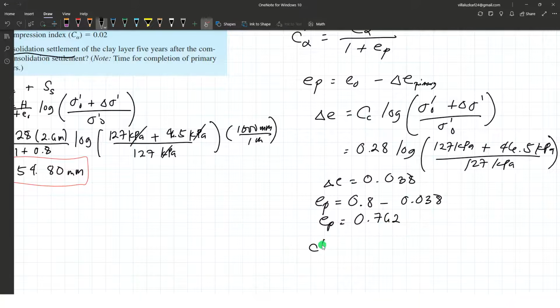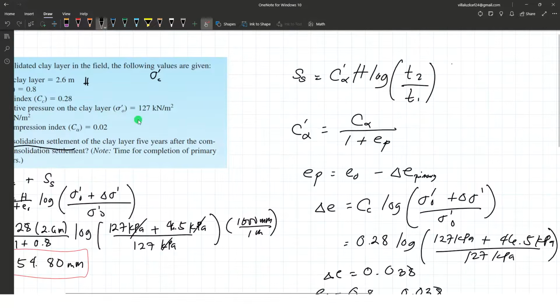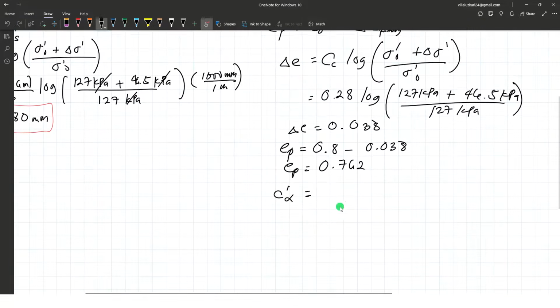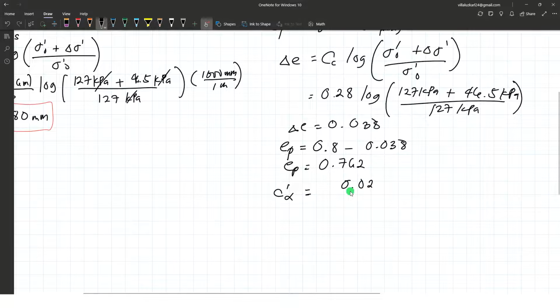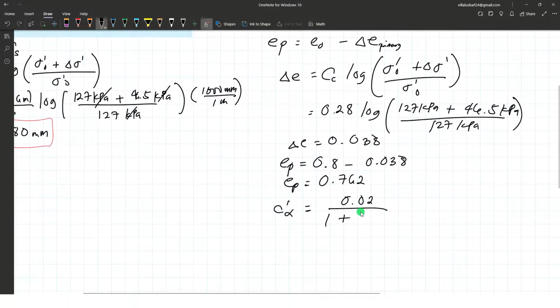We can now compute C prime alpha. That is equal to this equation. So we now substitute the given C alpha, 0.02, divided by 1 plus your computed EP, 0.762.